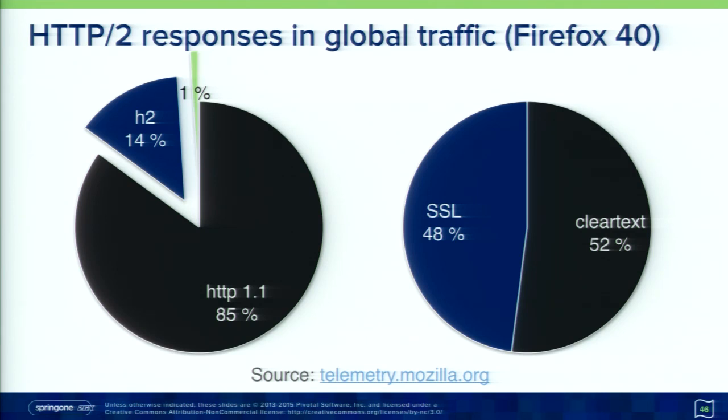And if you look at the actual total amount of traffic, it's basically half and half, clear text and SSL. So it means globally, 25% of whole traffic is HTTP 2. Half of all SSL traffic is HTTP 2 already.